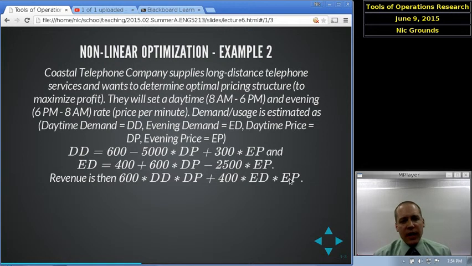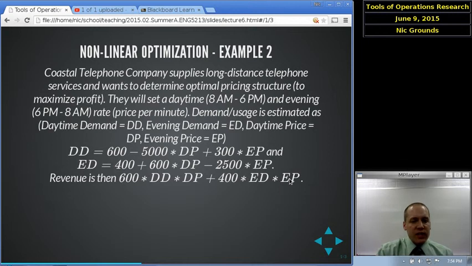Okay. And they've estimated that there's a certain amount of demand or usage of long distance. And so we have a few equations here that represent how demand changes based on the prices. So I've laid it out with some acronyms here. Daytime demand is DD, evening demand is ED, and then so forth for price.